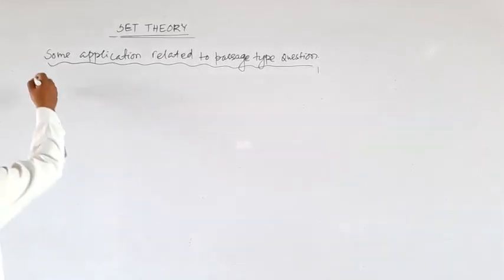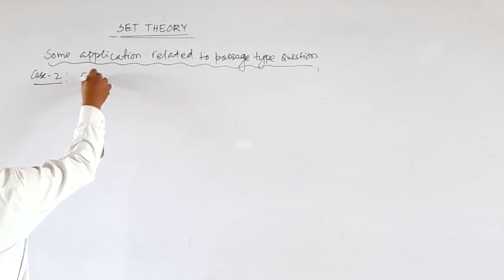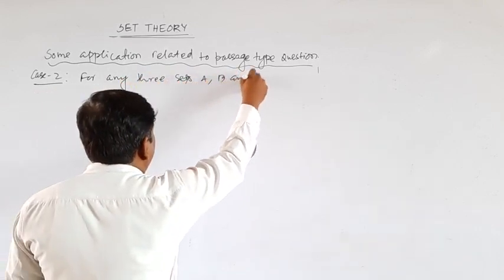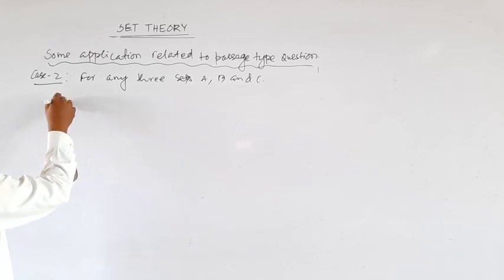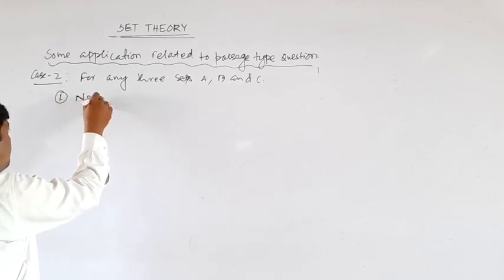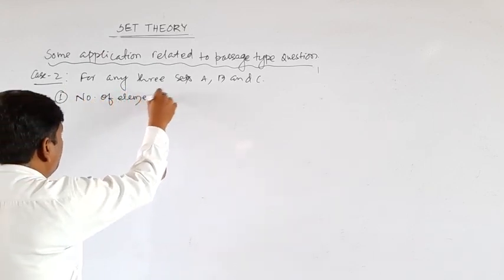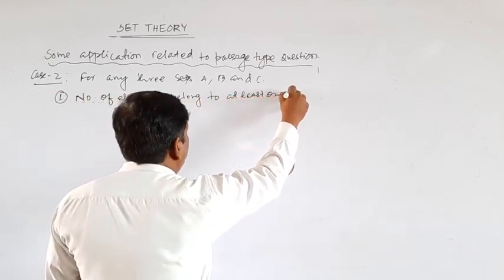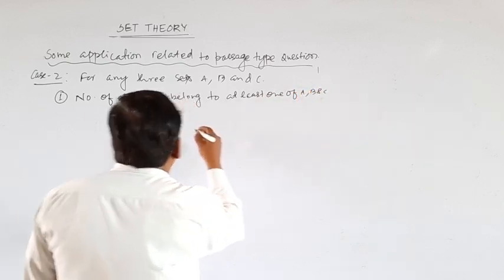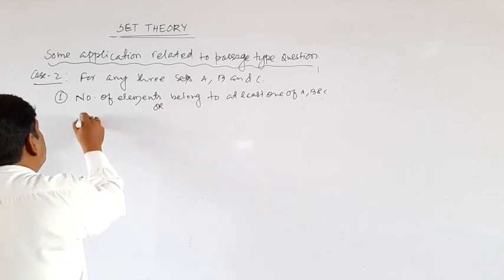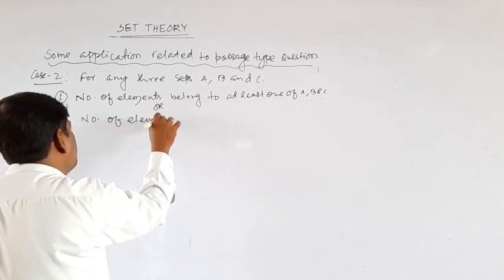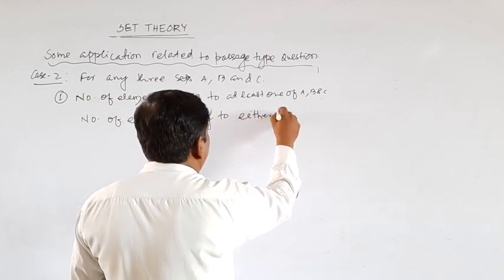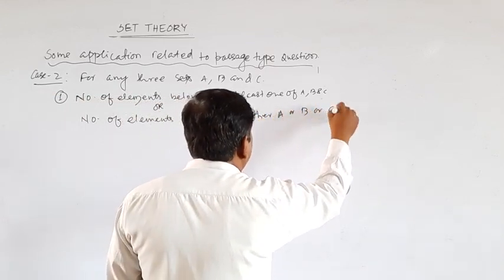For any 3 sets, case 2: for any 3 sets A, B and C. Number 1, the number of elements that belong to at least one of A, B and C, or the number of elements that belong to either A or B or C, is equal to what?